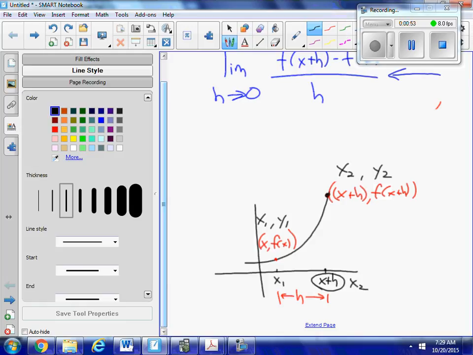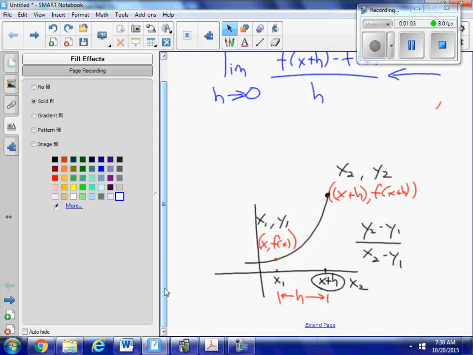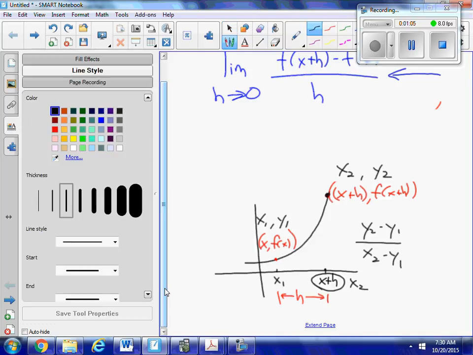So looking at the slope, if I have y2 minus y1 divided by x2 minus x1, well, it looks exactly like this. x2 minus x1 is this distance right here, h. y2 minus y1 is this distance right here. And so I have the slope.